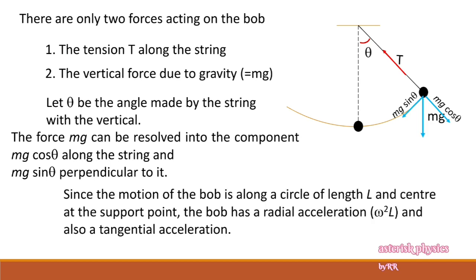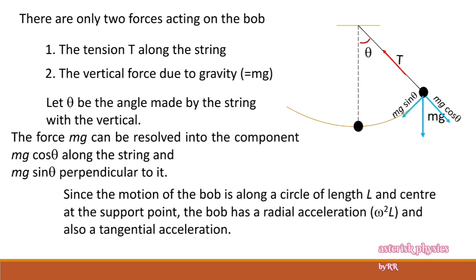Since the motion of the bob is along the circle of length L and center at the support point, the bob has a radial acceleration omega square L, where omega is the angular velocity and L is the radius of the circular path. Here it is the length of the simple pendulum. Radial acceleration is also known as centripetal acceleration, which we have already discussed in circular motion.